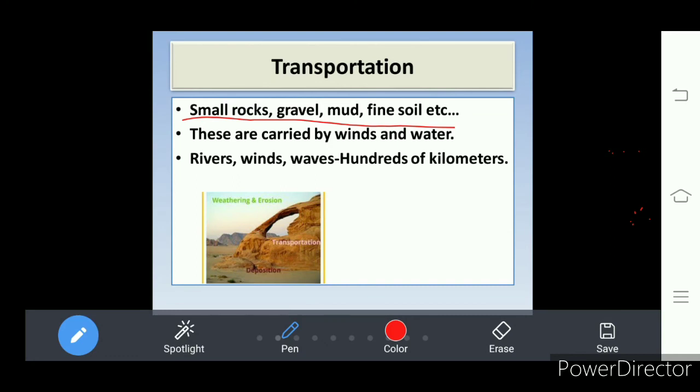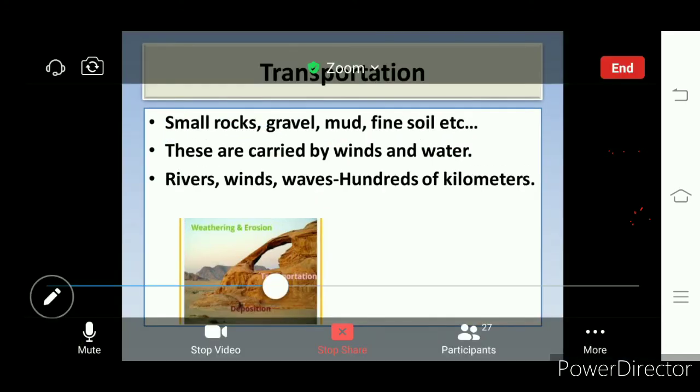That means the worn out eroded materials which are carried by the wind and water from one place to another place is called transportation. This is the third stage we see in the denudation process.